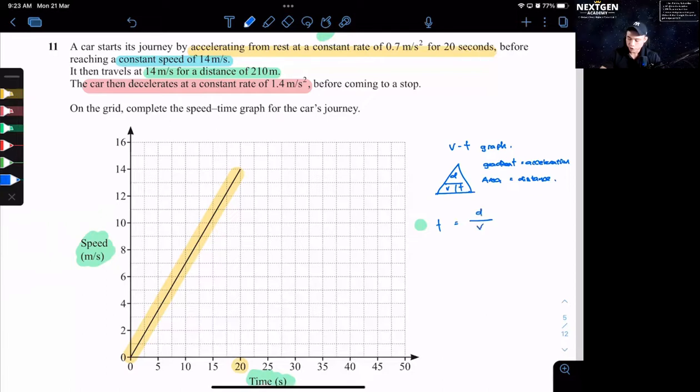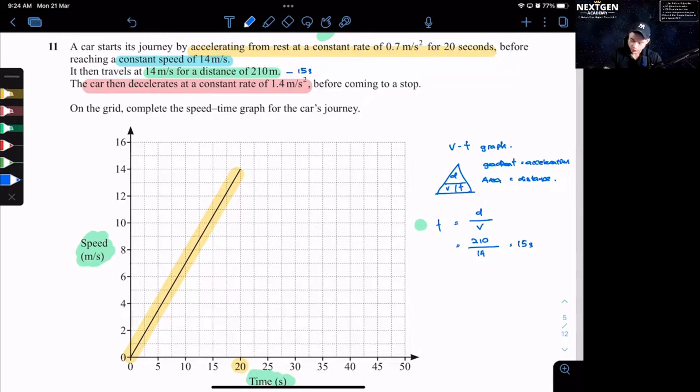Look back into the triangle, and that's how you do it. The distance is 210 meter and the speed is 14. So 210 divided by 14, you get 15 seconds.